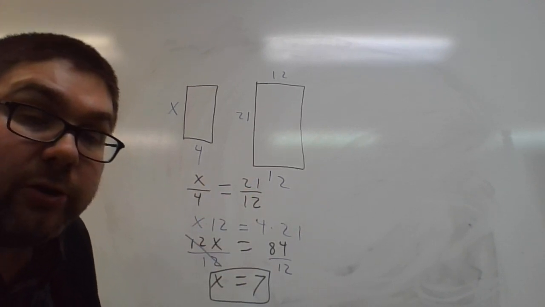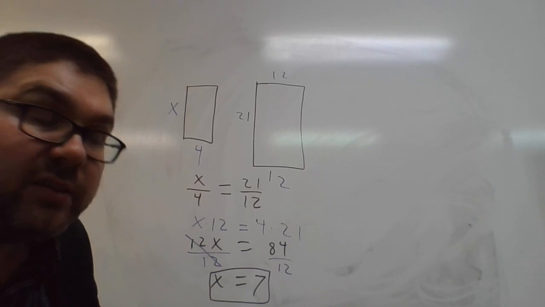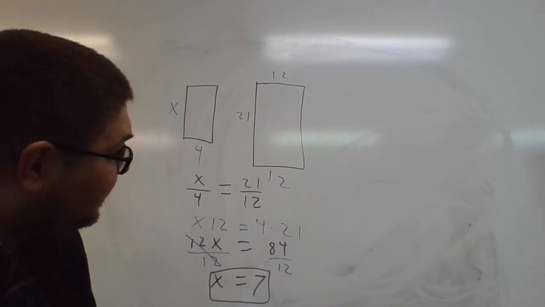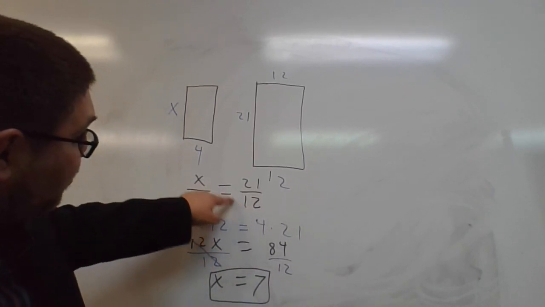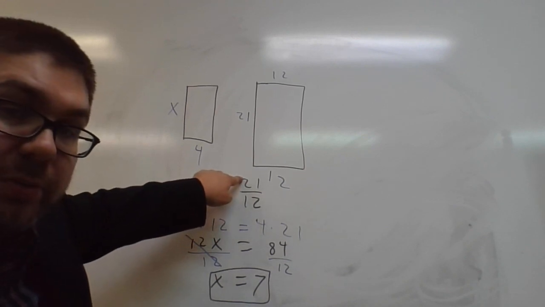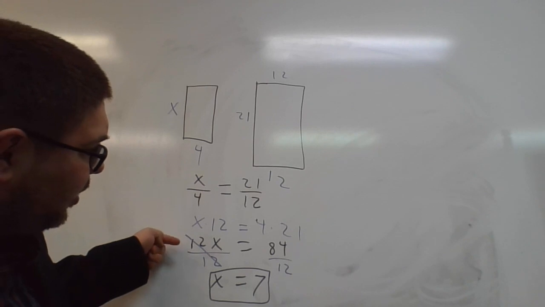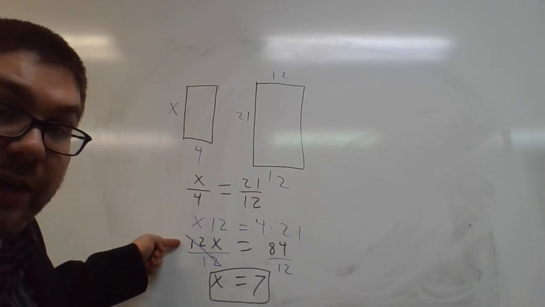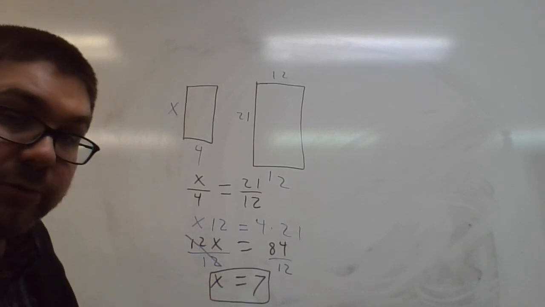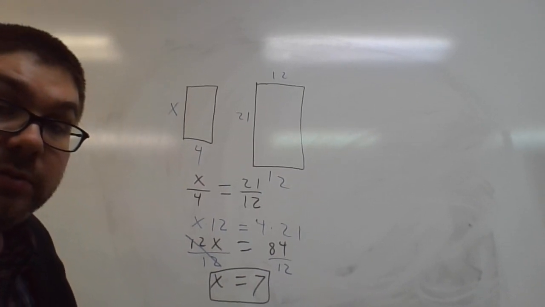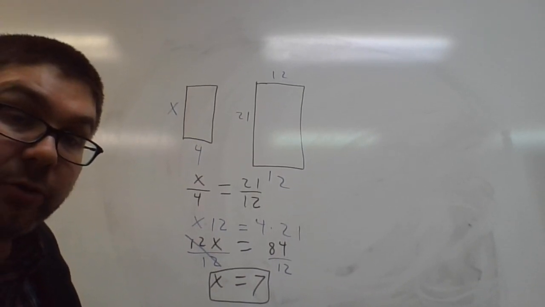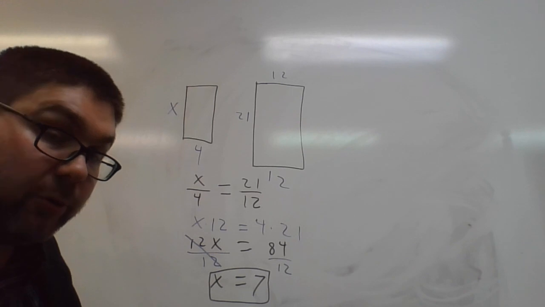It does not matter what order you do it in as long as you are consistent. Secondly, once they're set up, you cross multiply. Thirdly, it's a one-step equation now, and you divide and you get x equals 7. That's it. It shouldn't be too difficult, at least with practice.